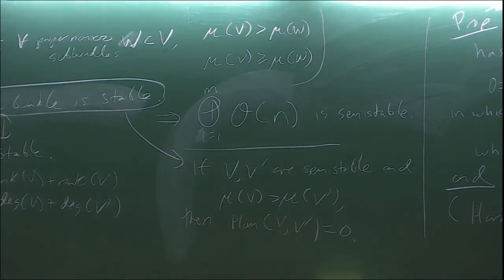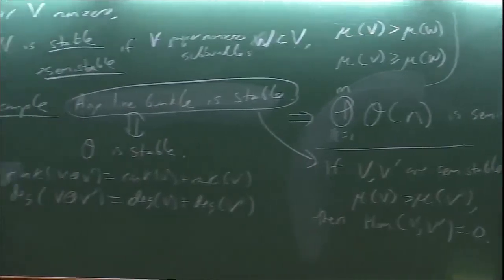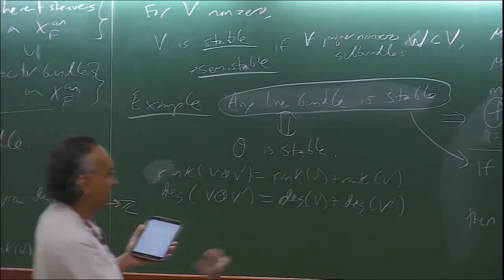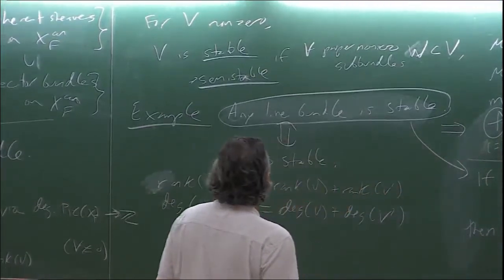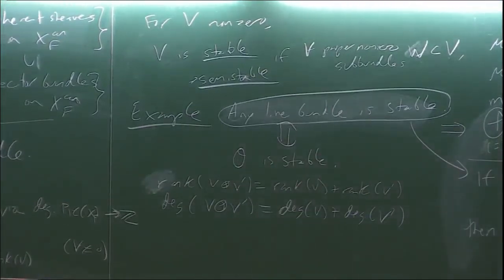So for example, there are no morphisms from O to O of minus 1. That's what I said here. But that statement applies to arbitrary semi-stable things. Oh, and I should caution.